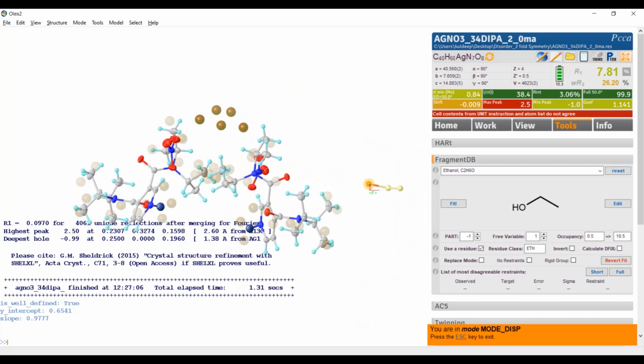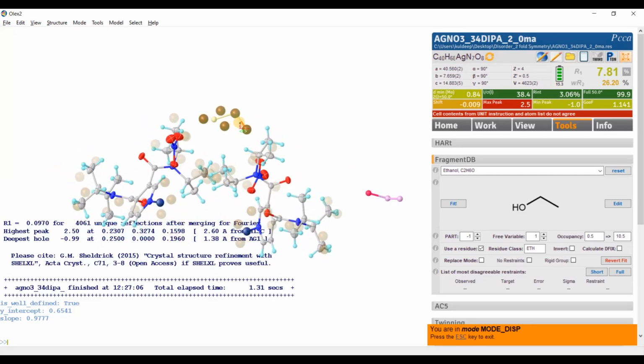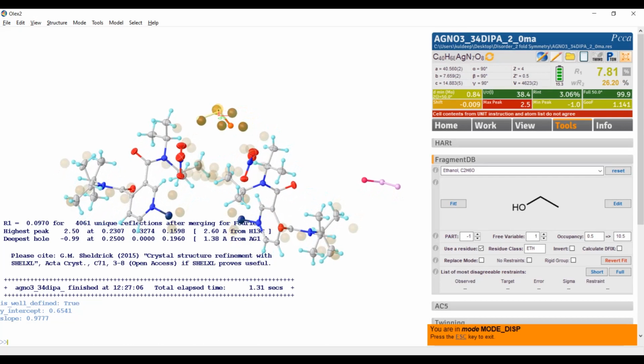So this oxygen should be here and this carbon should be here and this carbon should be here. So it's not going to fit exactly. Let's move it with the shift key where it's going to fit. Let's move it.